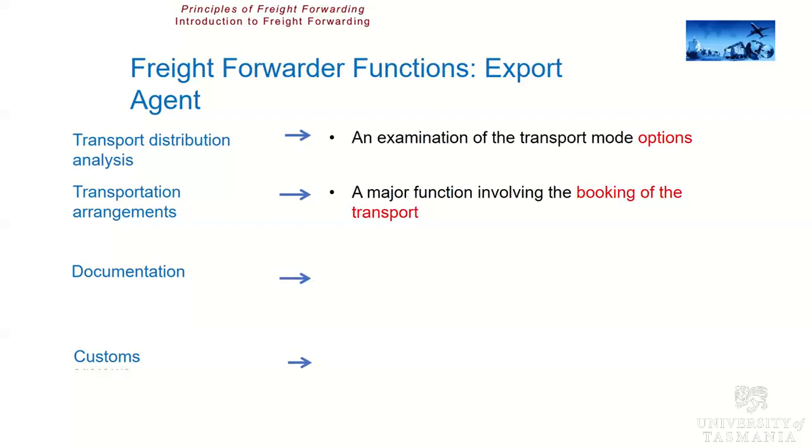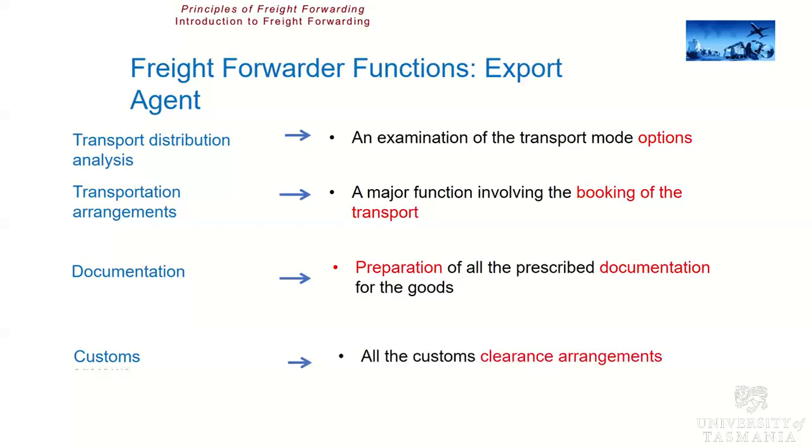And they're often referred to as the architect of transport. As we saw here, at every step in the way there's a level of documentation required, so they need to prepare the prescribed documentation for each step of the process. So that's another task that they undertake.